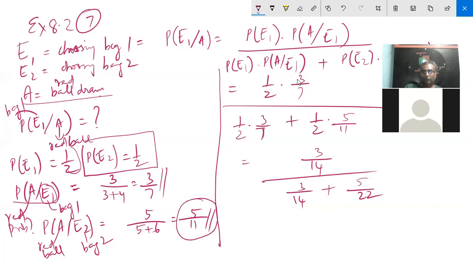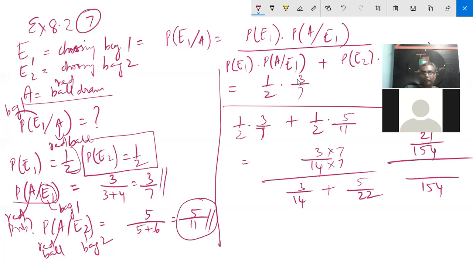Now multiply this by 7, multiply this by 7. 21 by 154 divided by... why am I multiplying? Because the common LCM for this is 154.